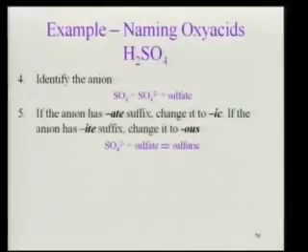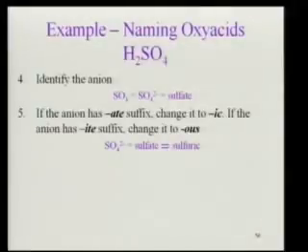If it was an "ite," we would have changed it to "ous." So we say sulfuric, instead of sulfic. All these things involve oxygen, so you just kind of ignore the oxygen in it. The base here is sulfur. When you start doing these names, some of them will sound right, some of them won't.